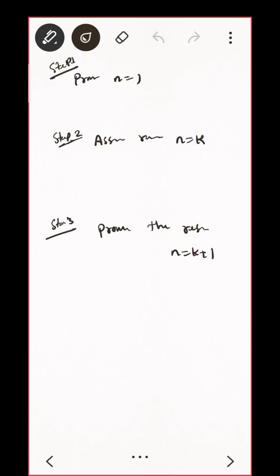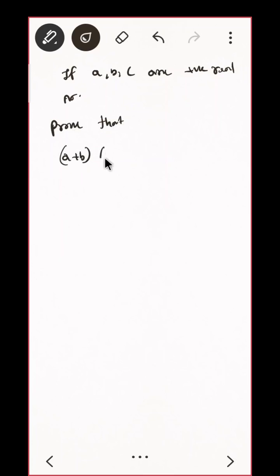Yeah, nice. Okay. Now there is a question. This type of question always comes in your exam, even in your entrance exam. If a, b, and c are positive real numbers, prove that (a plus b)(b plus c)(c plus a) is greater than or equal to 8abc.